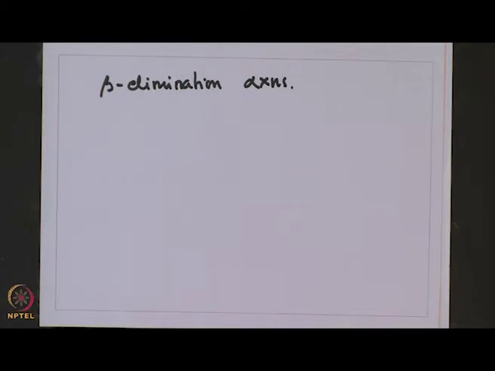In the course of discussing beta elimination reactions in detail in the last lecture, we aimed at understanding how this reaction mechanistically proceeds. What was established through experiment was that these reactions proceed if there is a hydrogen at the beta carbon of the alkyl group, which is attacked by the transition metal, leading to the elimination, hence the name beta elimination, resulting in a metal hydride and an olefin.